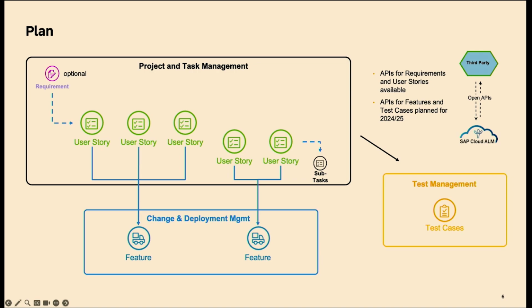Important also is that we have APIs that you can use to connect third-party task management applications, Jira or others, to achieve the same behavior. If you want to plan a development, you need a task or a user story, and you can do it also in Jira or in ServiceNow if you want. Okay.